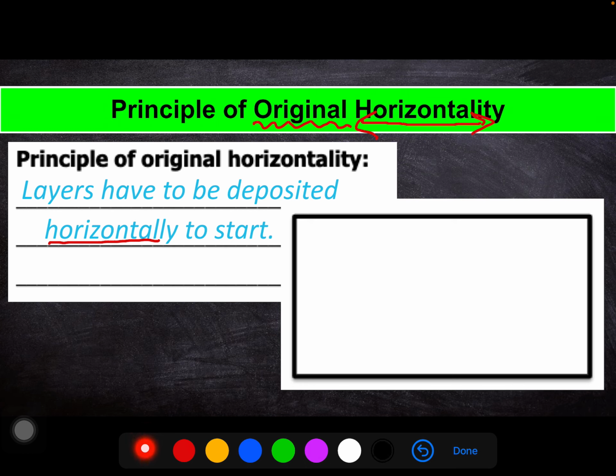So this particular one, we're actually going to split the square or rectangle in half, and we're going to do like a before and after. So this is the original side, like how everything started. And then this is the after or the later side, maybe what we would see today. So again, our rule of horizontality says that rock layers have to start horizontal.